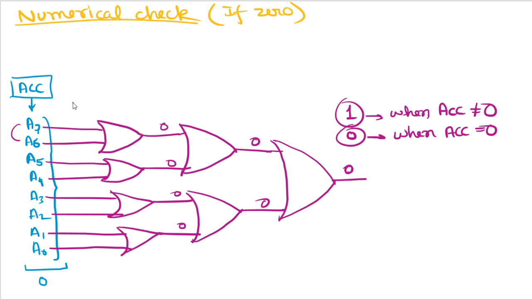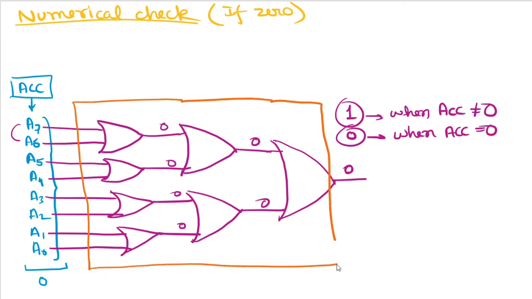So we can say that this entire part is a numerical check for if 0. The result of this numerical check will go into a flag register. Where exactly? In the 0 flag.